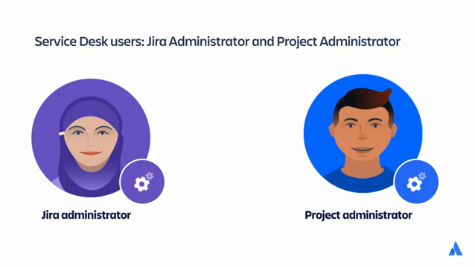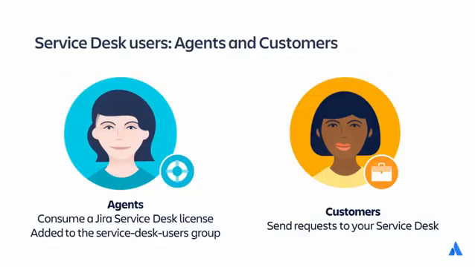The project administrator can manage the other users' permissions, such as who can see the project's issues and create, edit, and assign them. Agents work on customer requests and add customers to the project. When a new agent is added into the project, the agent is also assigned a Jira Service Desk license and added to the Service Desk Users group.